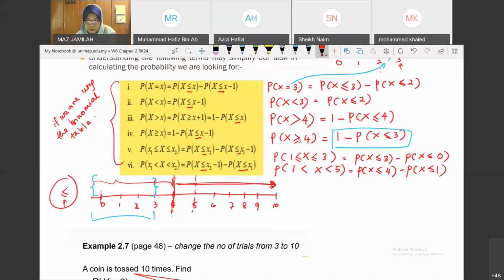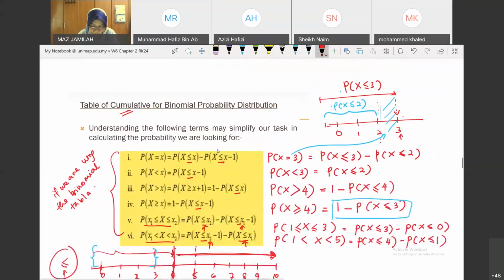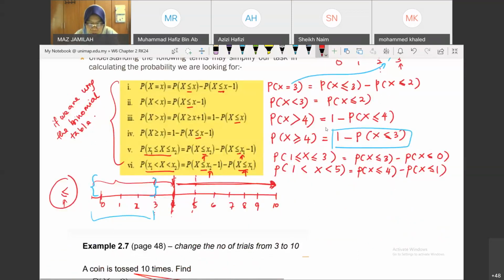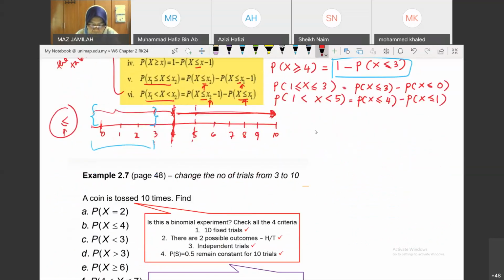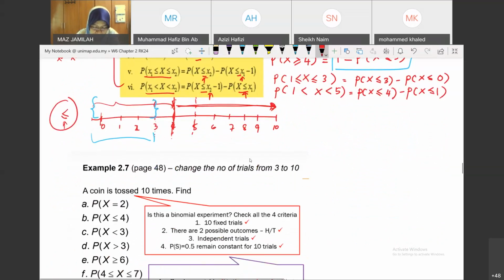If you can't understand, just understand how this phrase is formed into this particular phrase. Any questions, class? These are just a few examples theoretically. Later we'll see how we can solve the equation relating to this particular phrase.